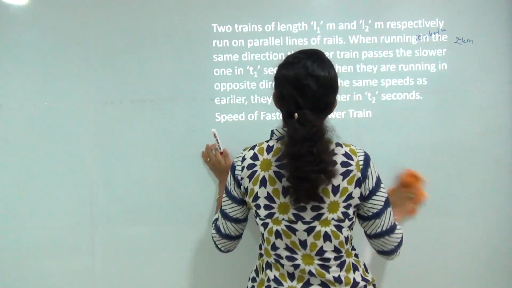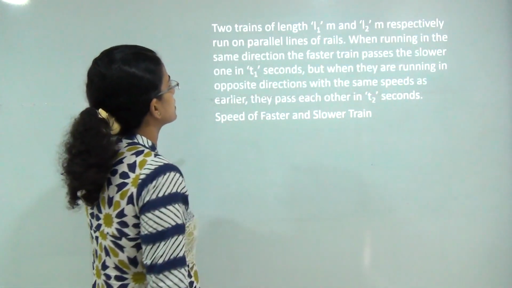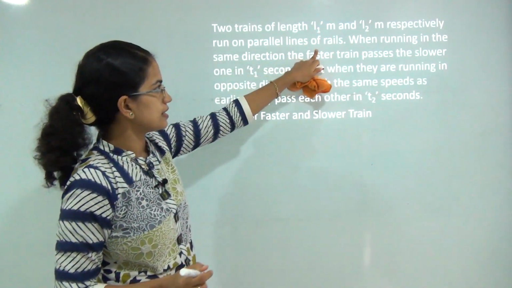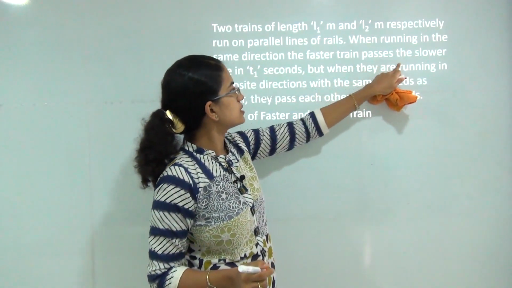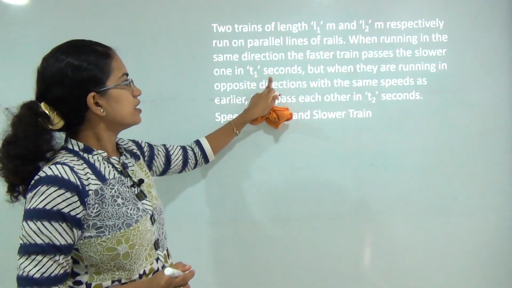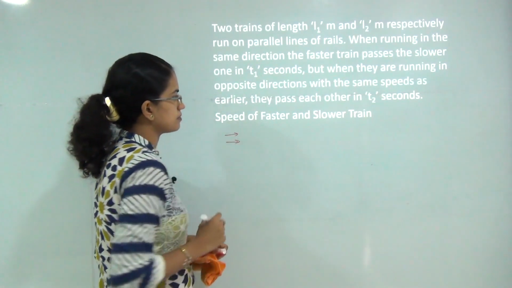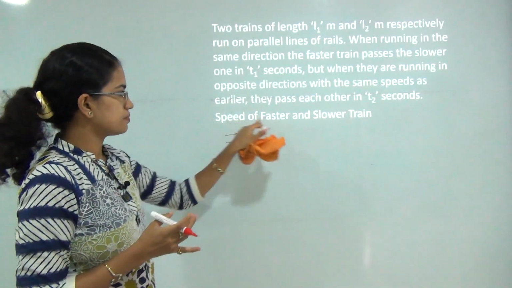There are two trains of length L1 and L2 meters respectively. They run on parallel lines. When running in the same direction, the faster train passes the slower train in t1 seconds.